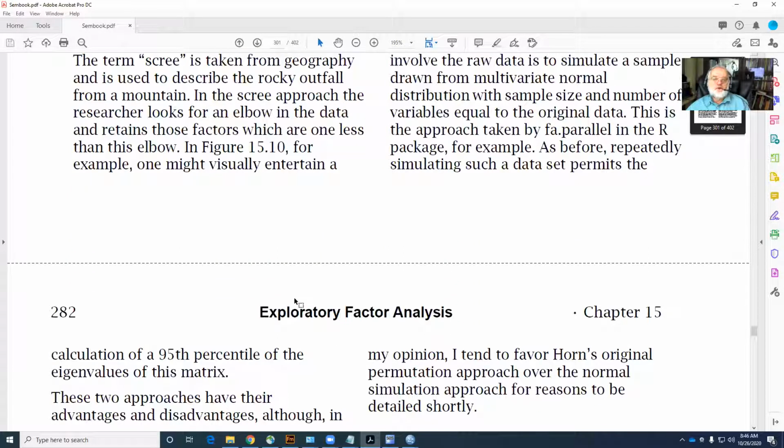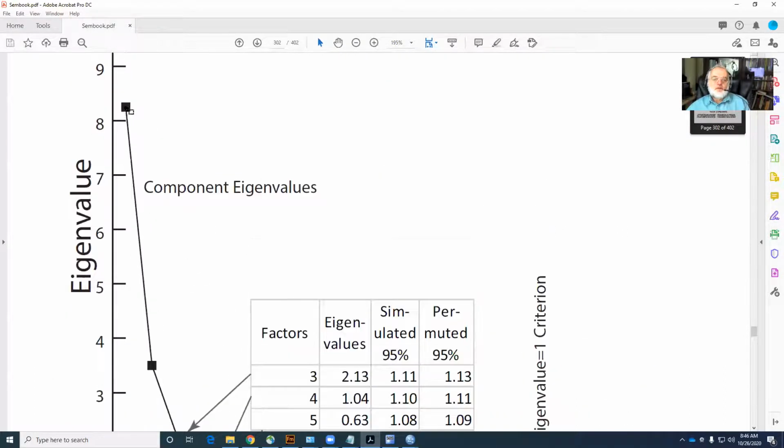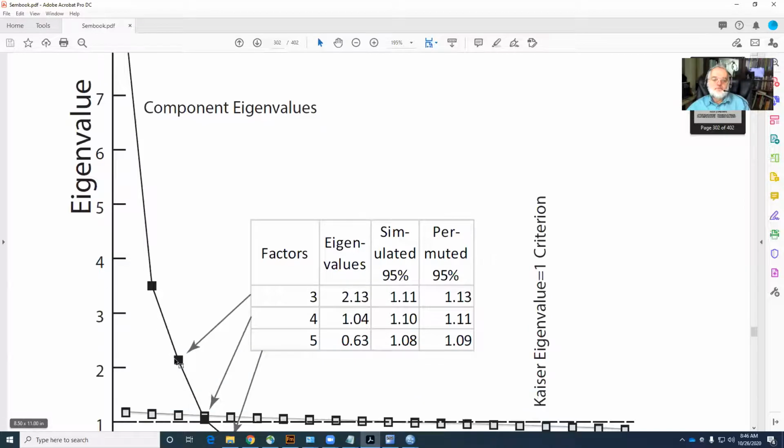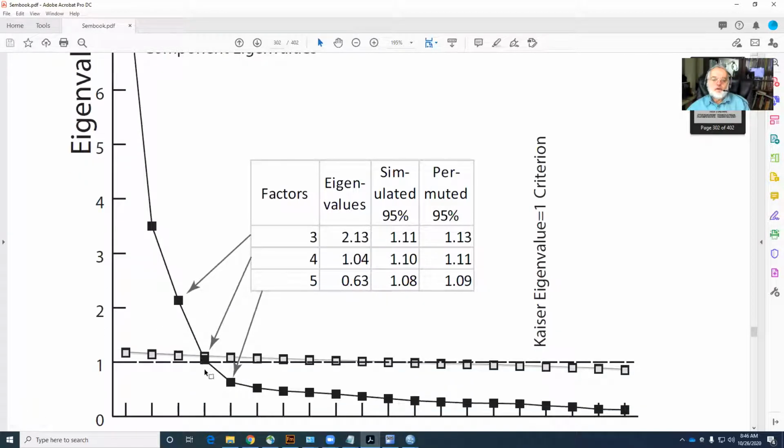So if we come back to our picture again here, this is clearly my mountain. And maybe, at this point, this is maybe the beginning of my scree. Mechanically, what people often do is they'll just visually look at the eigenvalue by dimensions plot and say, gee, it looks like there's a scree here.